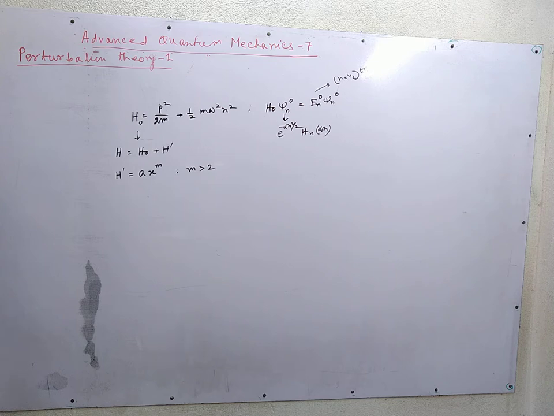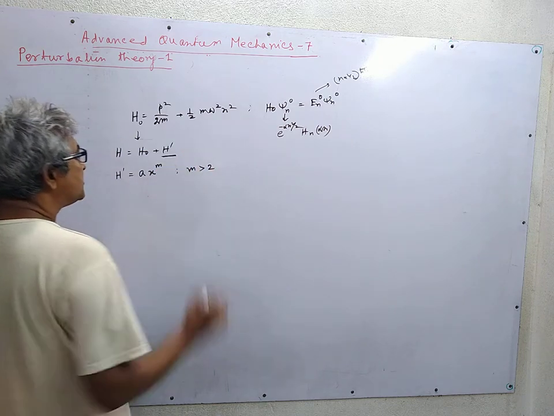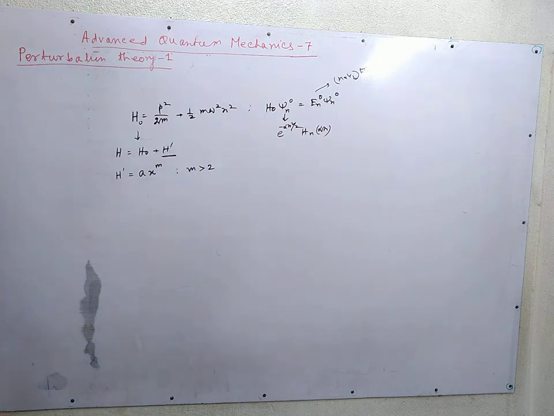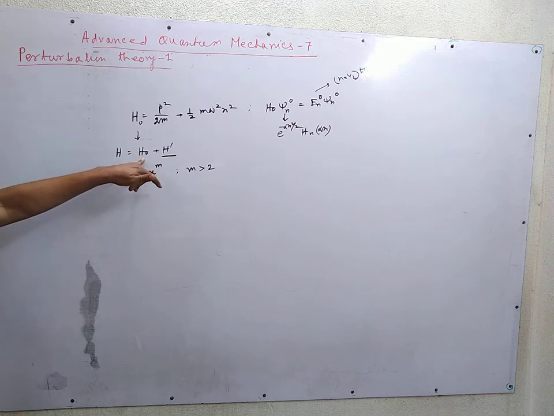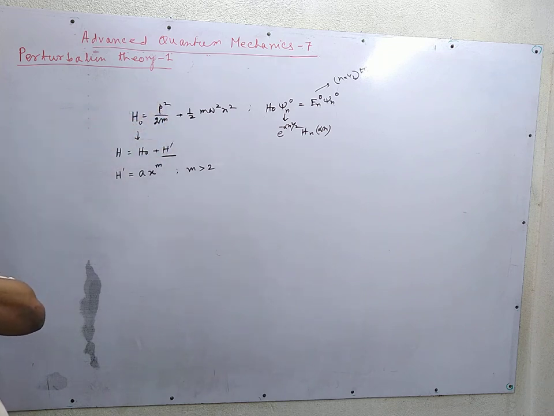But if we are dealing with a situation where this H prime part is small compared to H0, by small we mean we calculate the expectation value of H0 and of H prime, and it is found that the expectation value of H0 is much greater than that of H prime.